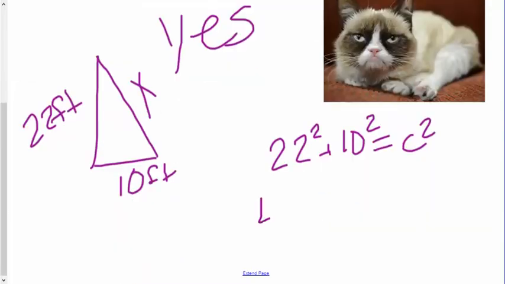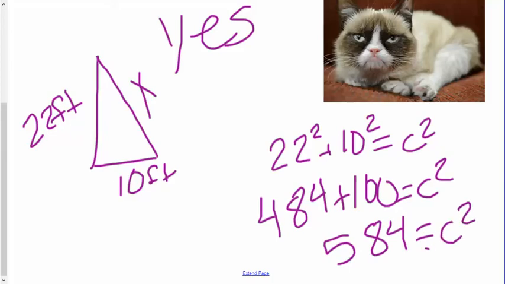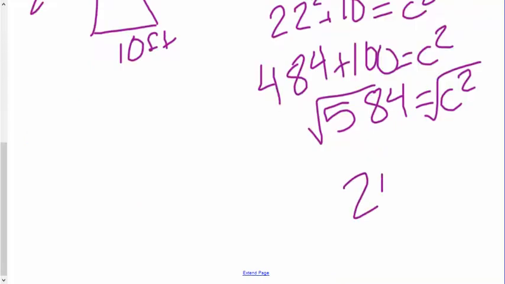Well, we know 22 squared is 484 plus 100 equals c squared, or 584 equals c squared. And really all we need is an approximation here. So we're going to take the square root of 584, which is 24.17 if we're rounding to the nearest hundredth.